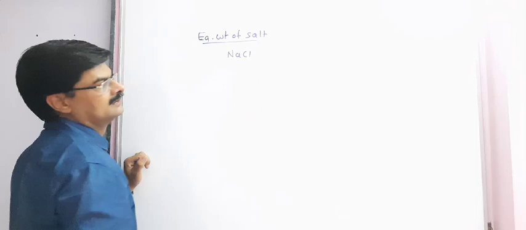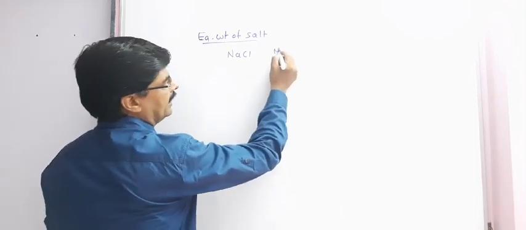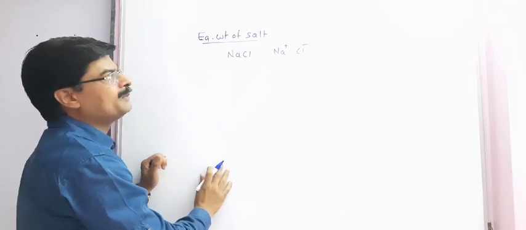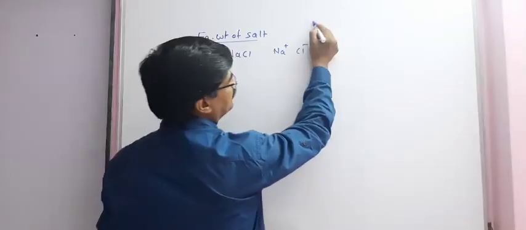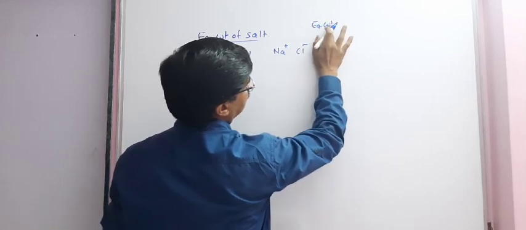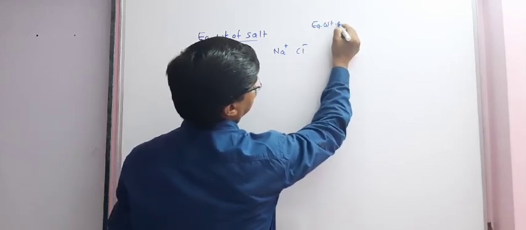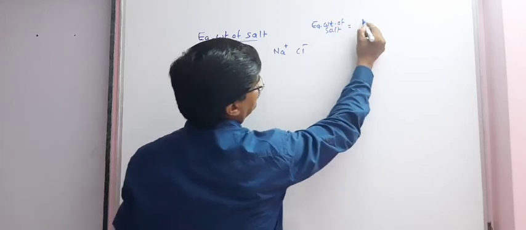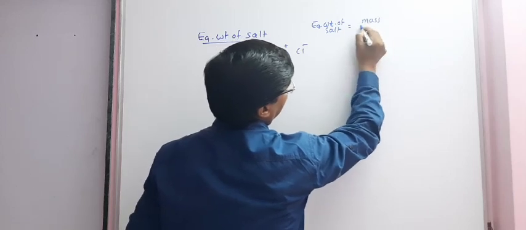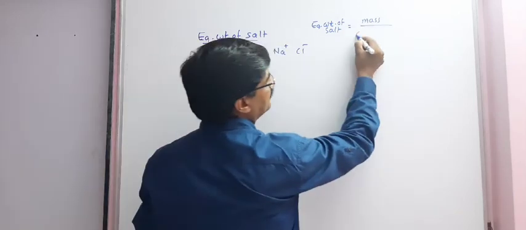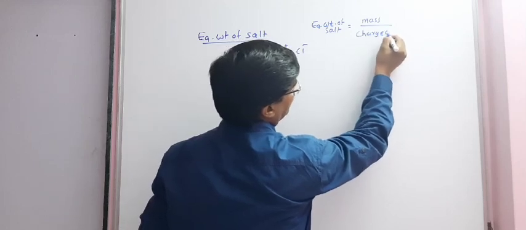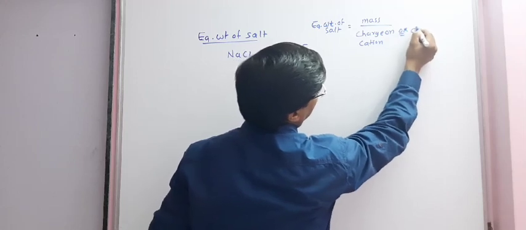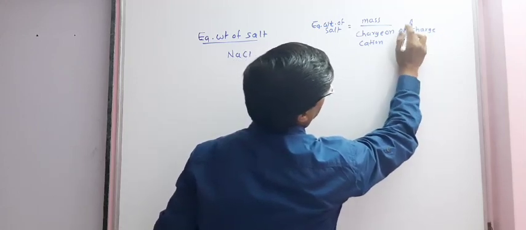NaCl. In NaCl, Na has plus charge and Cl has minus charge. So the equivalent weight of a salt is equal to molar mass divided by the total charge on cation or the total charge on anion.